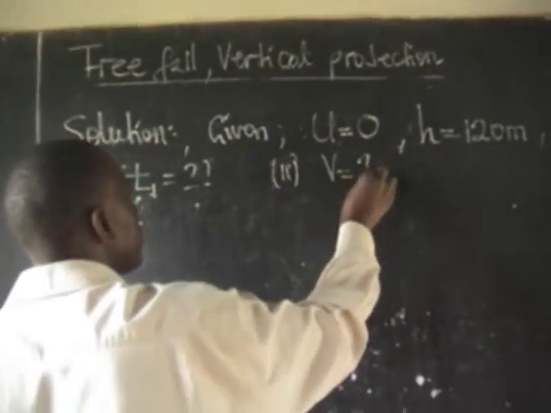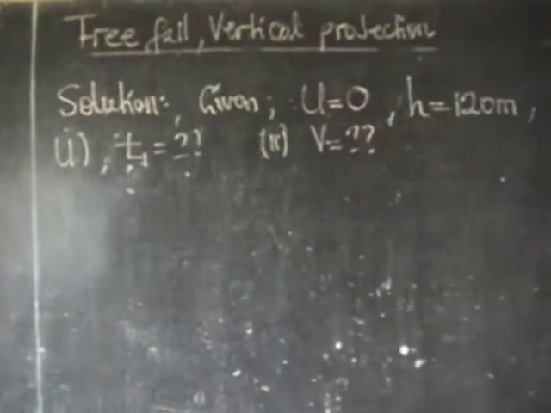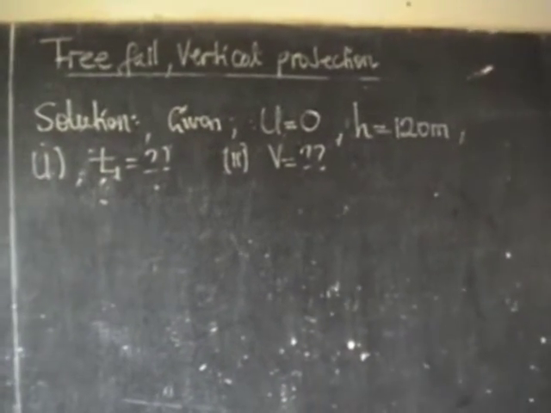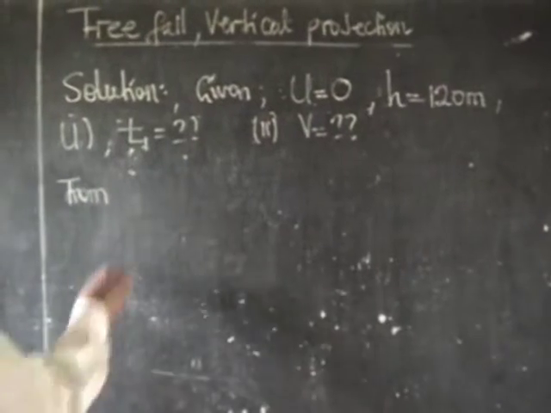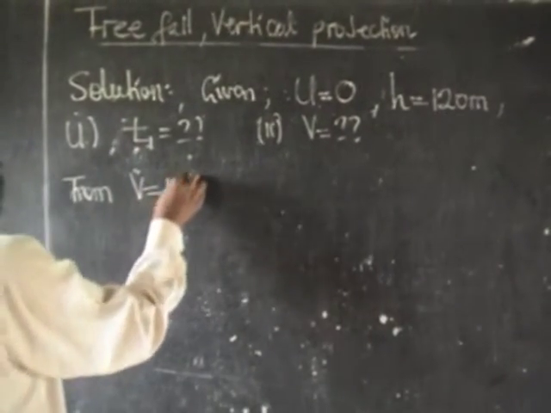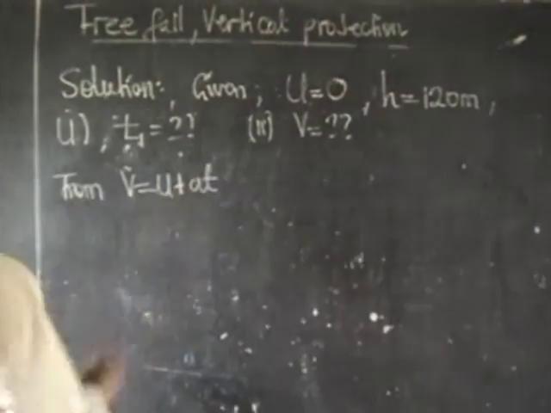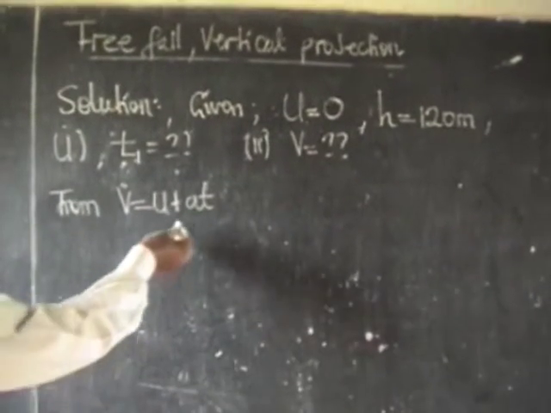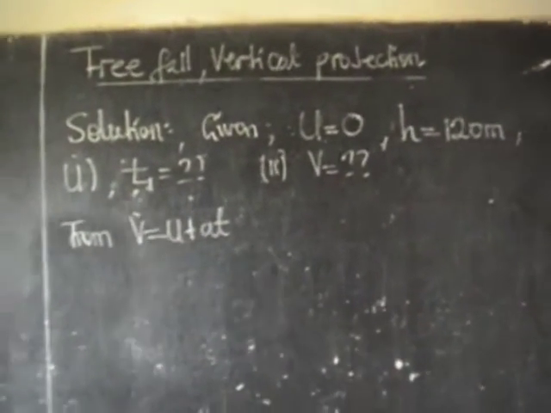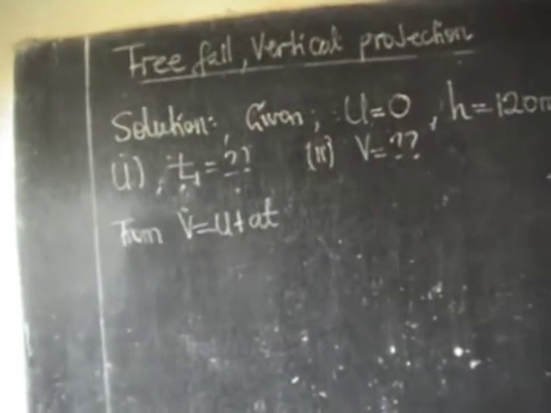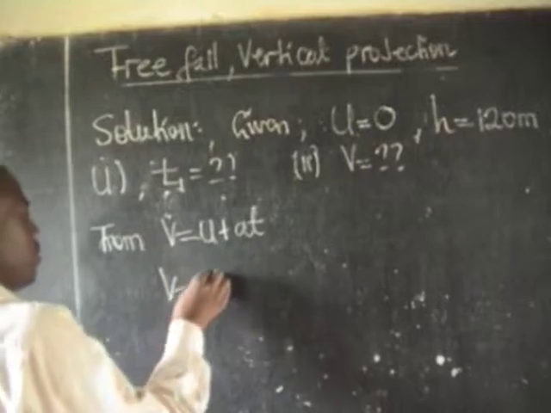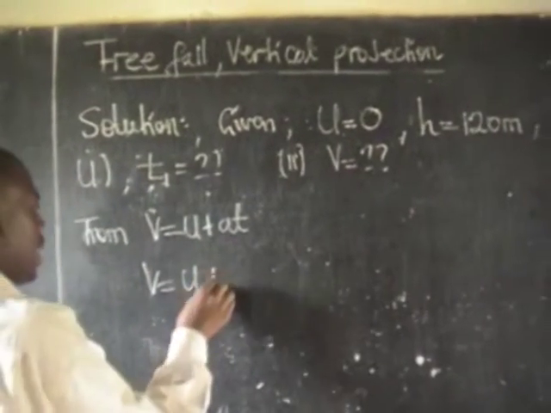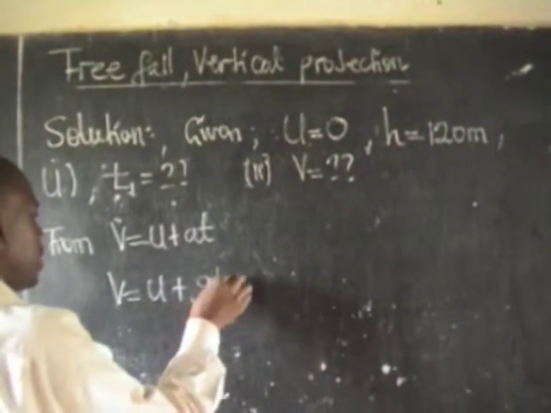V is also required. Now from the equations of motion, V equals U plus AT, we are going to substitute the value of A to be that due to gravity. Therefore, this equation will now become V equals U plus GT.